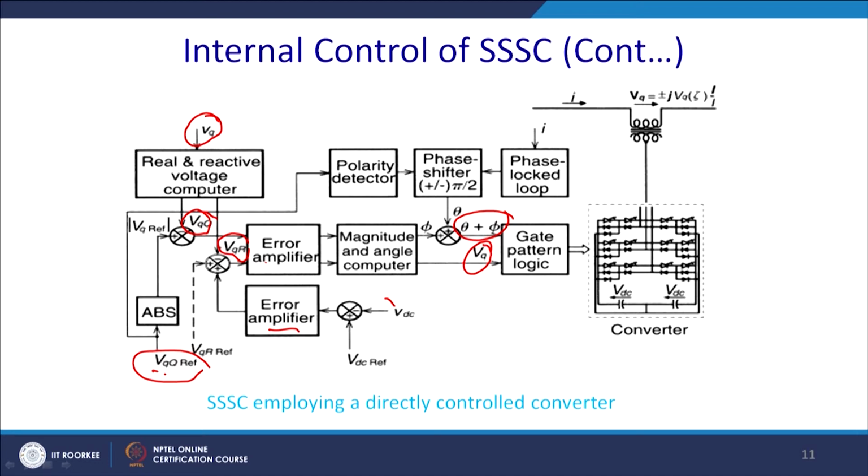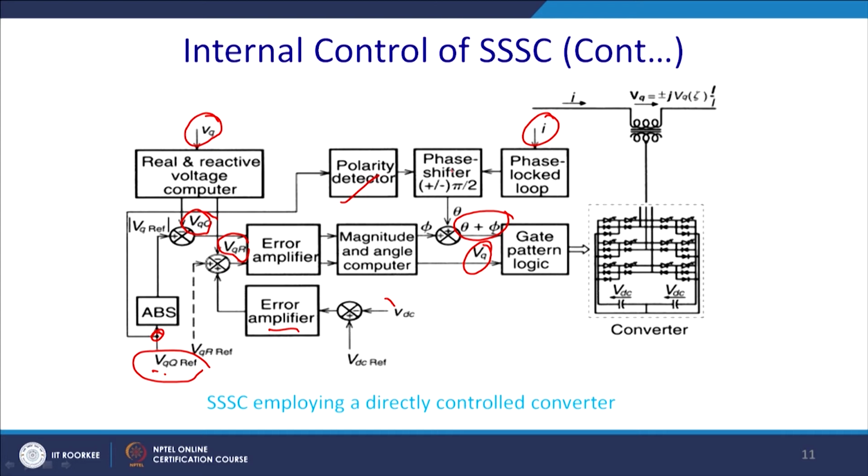This again, from this point, VQ ref is fed to the polarity detector. Similarly, the output of the polarity detector, whether it is in the positive phase or the negative phase, will be fed to the phase shifter that will make a phase shift of 90 degrees with the current I. Similarly, there will be a phase lock loop that also feeds the input.